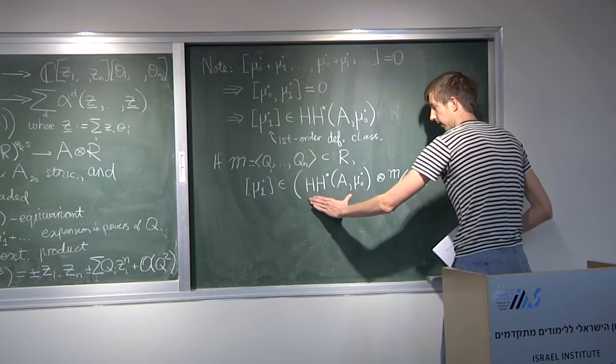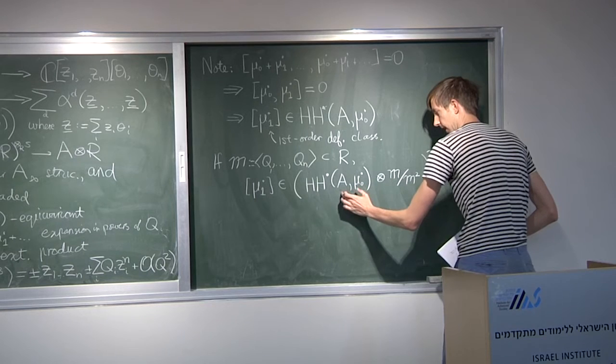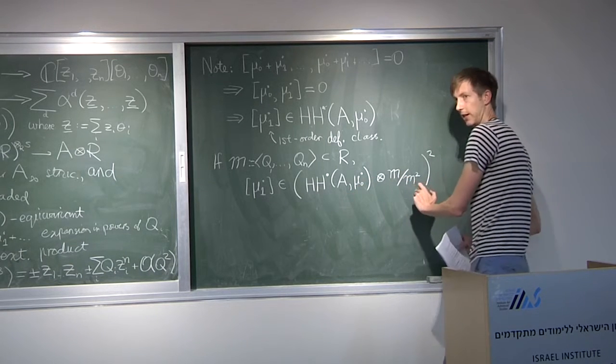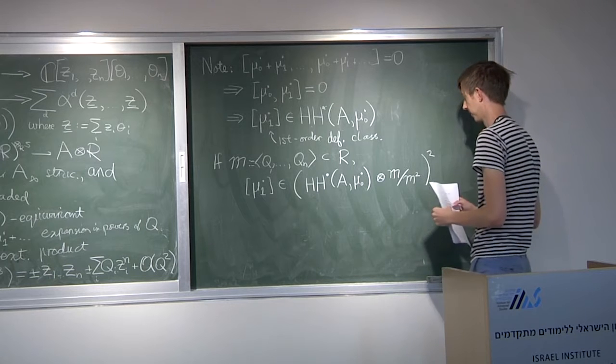So it defines a class in the Hochschild cohomology of A with mu naught, tensor the maximal ideal modulo its square.